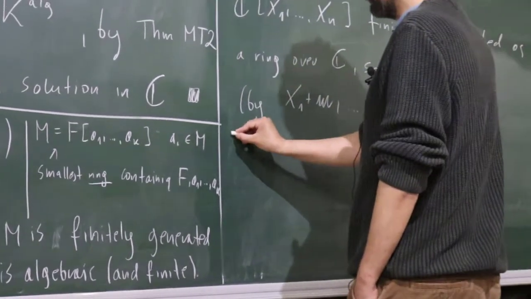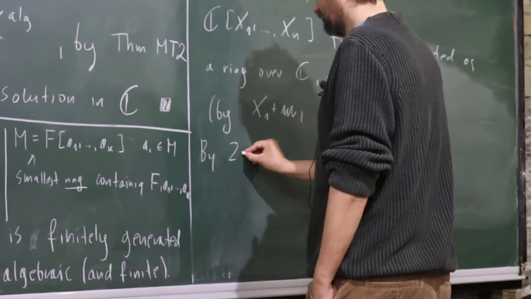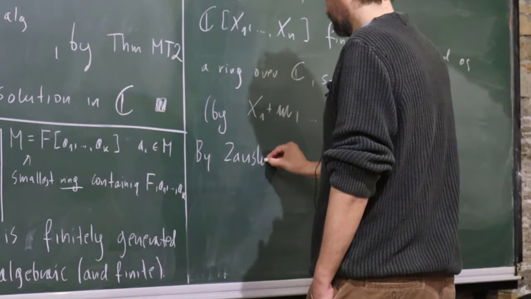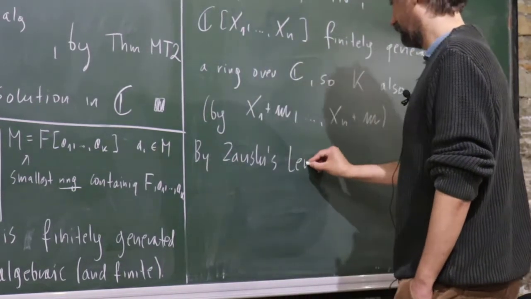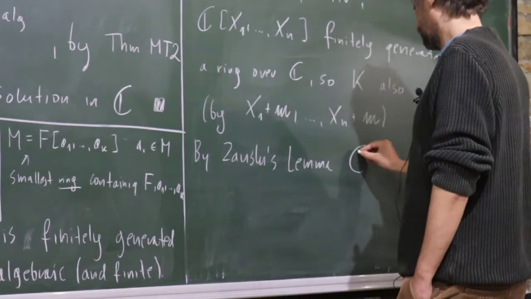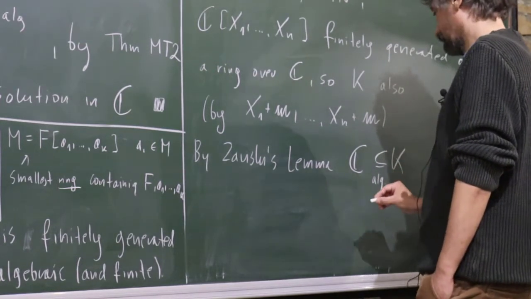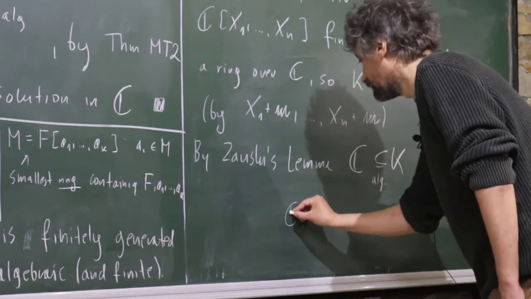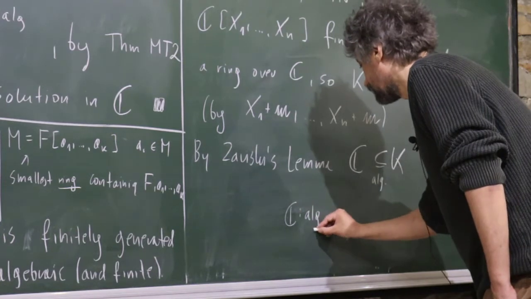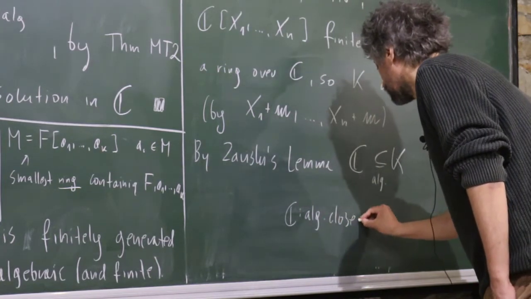Okay, also, so by Zariski's lemma, this is algebraic, but C is algebraically closed.